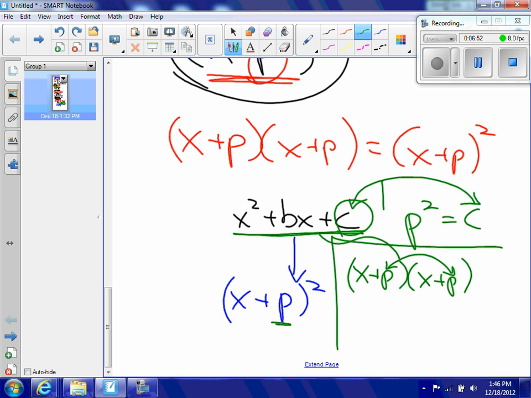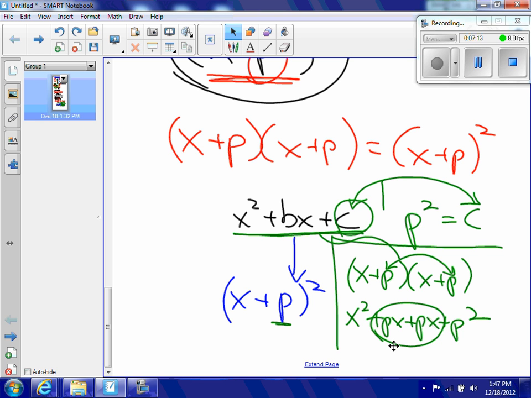Can you see that? This is going to turn out to be x squared plus px plus px plus p squared. And I'm going to be able to combine these two px's. So my first term is going to be my x squared, and my last term is going to be p squared, which is the same as c in the standard form.